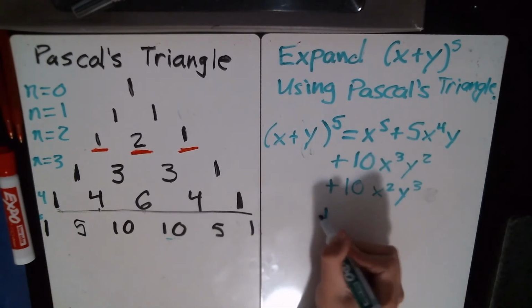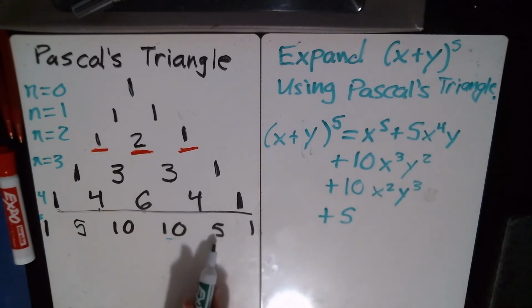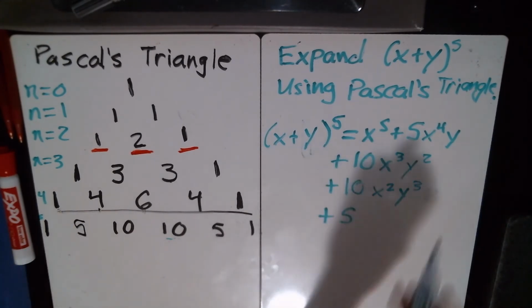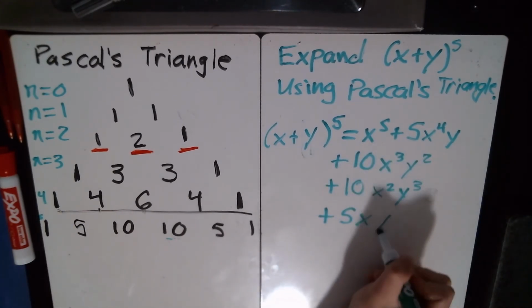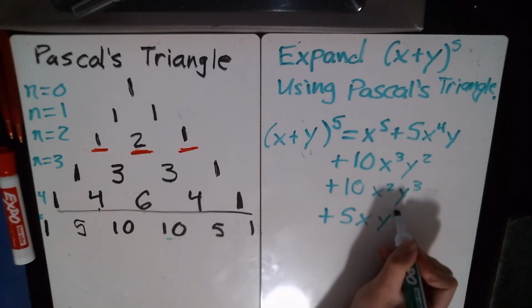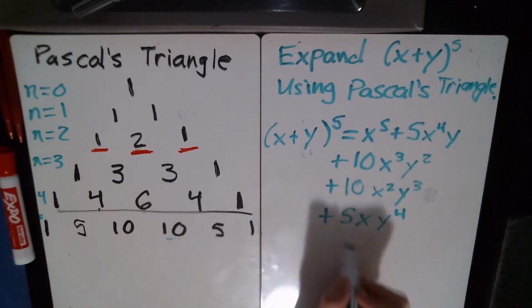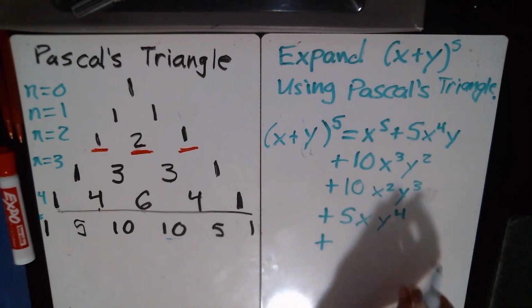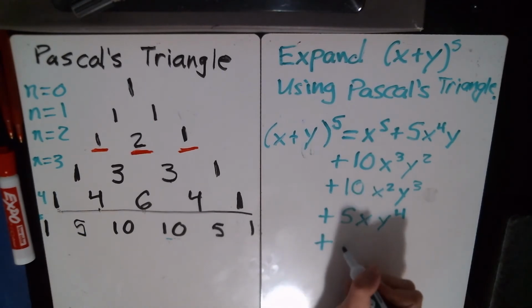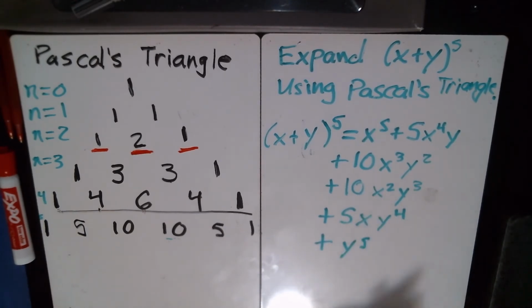Okay, plus 5, decrease the power on x, increase the power on y, and then decrease the power on x, 1 times, the x's go away, and we just get y to the fifth. Okay, so that would be our expanded polynomial.